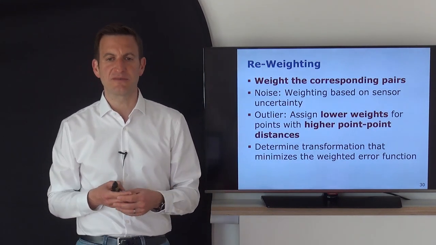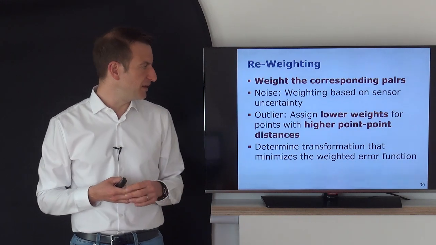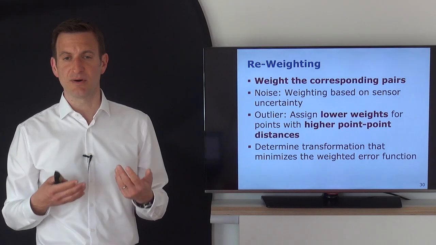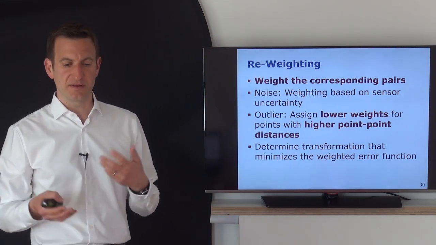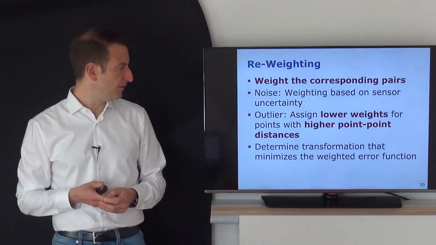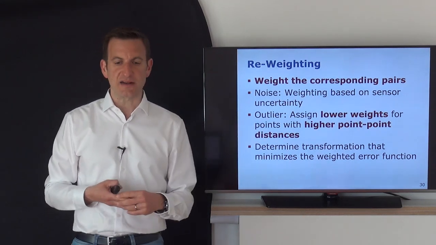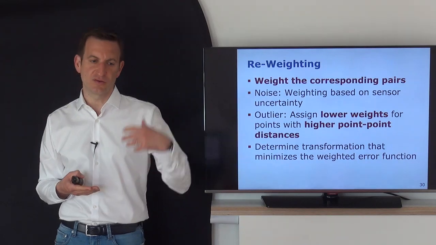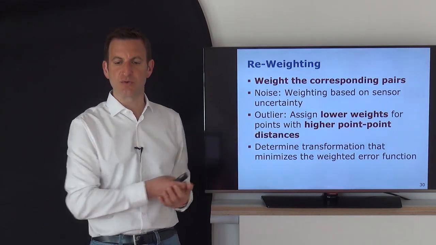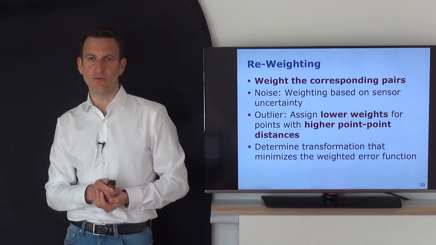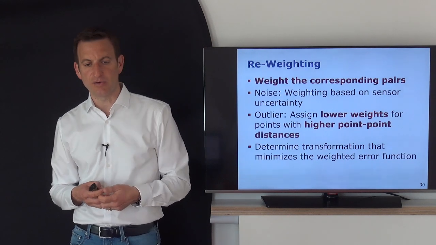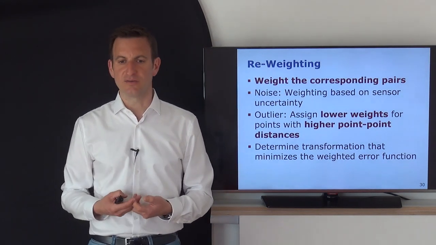This effect is less prominent for laser range scanners typically, or you may have some other information about your points, so that you can assume them to be outliers and then actually downweight those points. Also some robust estimation techniques can be used, which can be turned into a weighted minimization problem, which is actually pretty related to this reweighting. But typically it requires you to have some additional information about your sensor or uncertainties of those points.